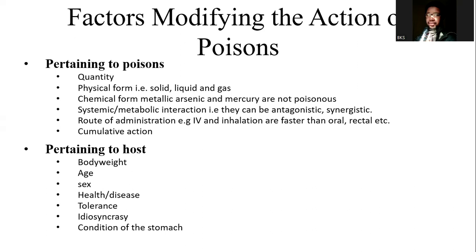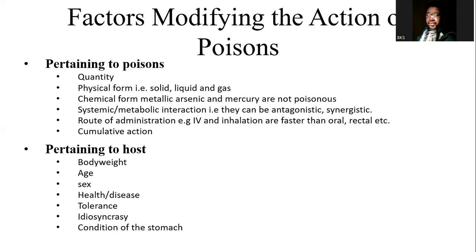Gas can easily be absorbed into the body if you are exposed, more than solid or liquid. Therefore, poison in gaseous form can easily cause damage because it will reach different parts of the body within a short period of time. Likewise, liquid can reach different parts of the body faster than solid, and even among solids, powder can reach faster than granular.